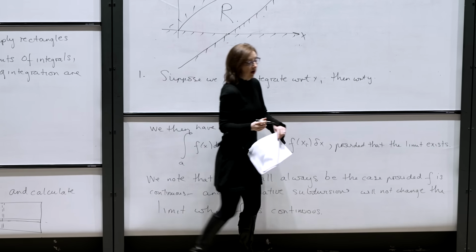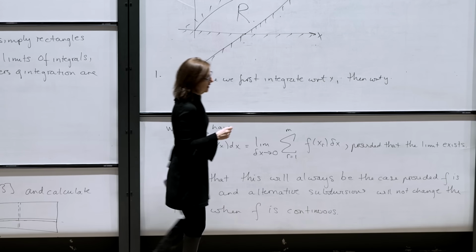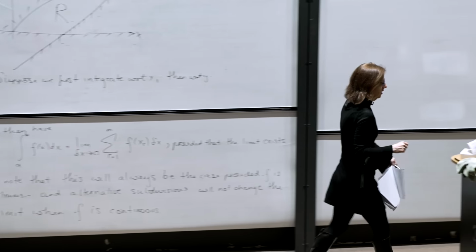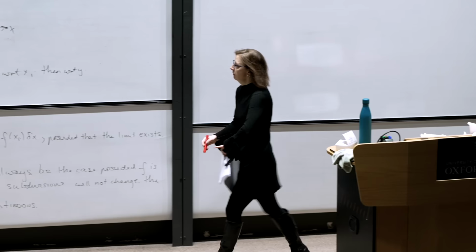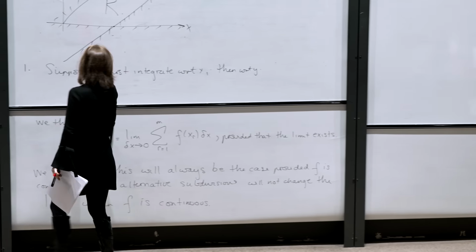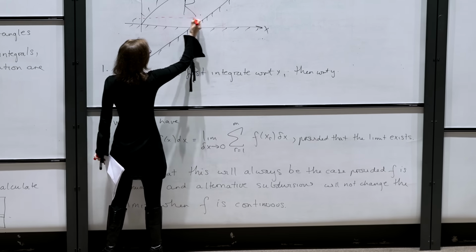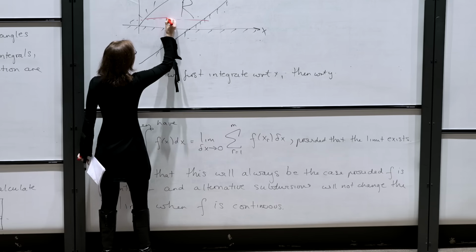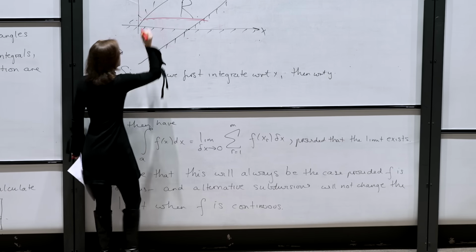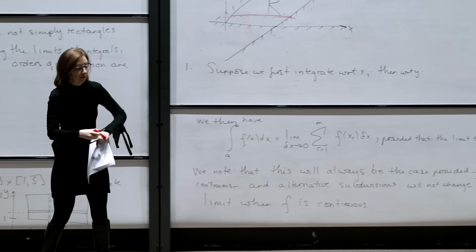That means we are dividing this domain into horizontal slivers. We're going to fix y and go across this way. We're going to have a bunch of these slivers that we take the area of and sum them up.